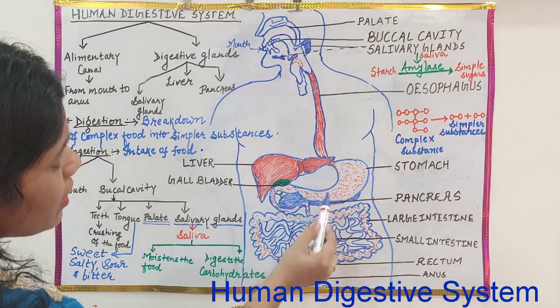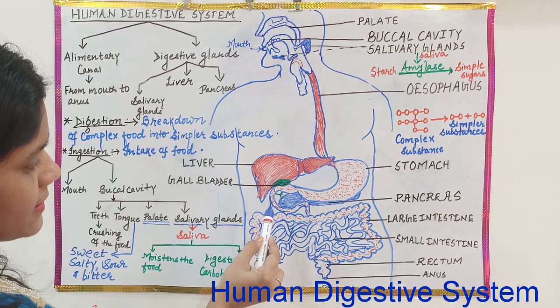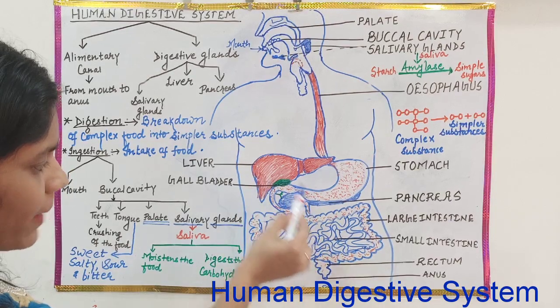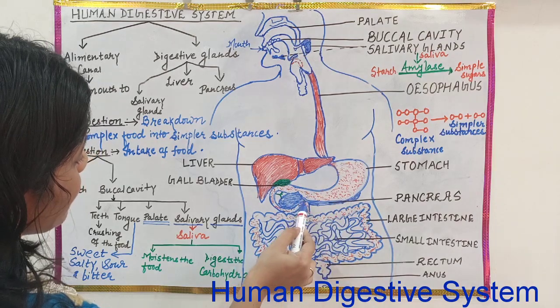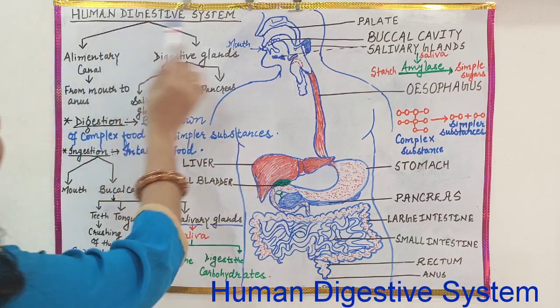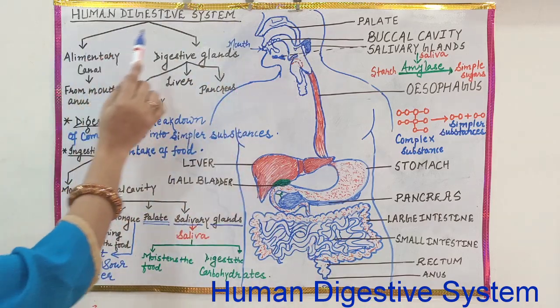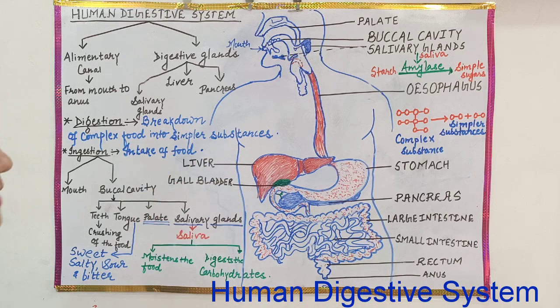So if you look from the front side of our body, you may not notice the pancreas, but if you see from the back of the body, it may be seen. So the pancreas is a gland which helps us in digestion. These glands help us to break the food into very small pieces which can be utilized by the body, and together they form the human digestive system.